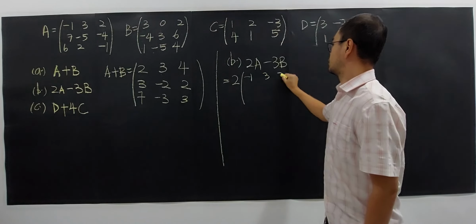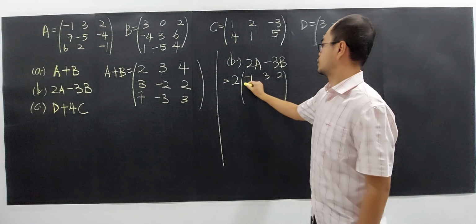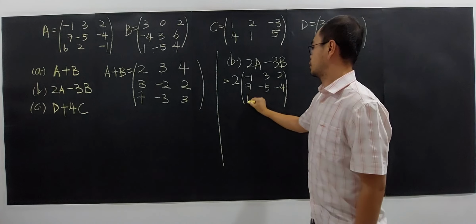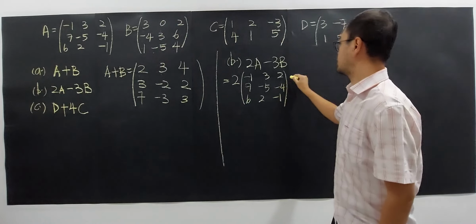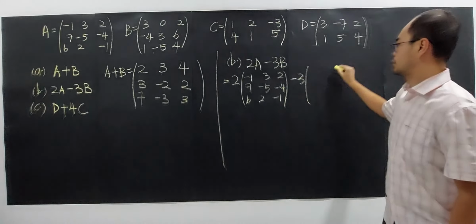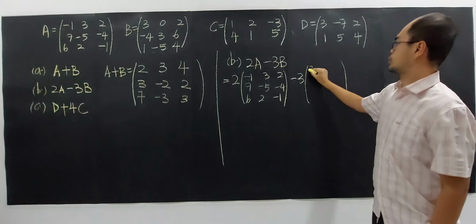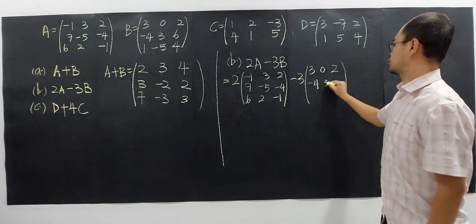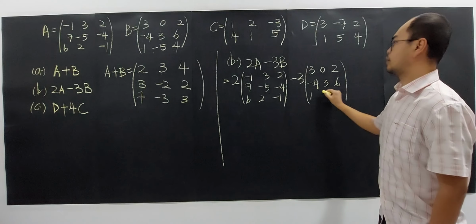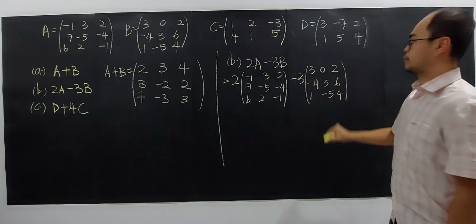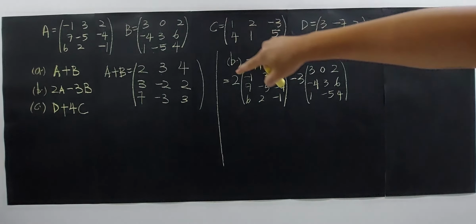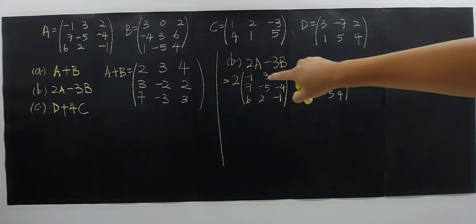The matrix A is -1, 3, 2, 7, -5, -4, 6, 2, -1, and the matrix B is 3, 0, 2, -4, 3, 6, 1, -5, 4.